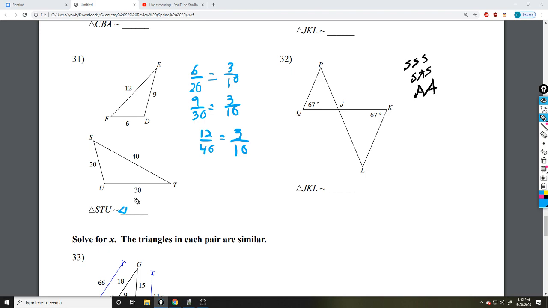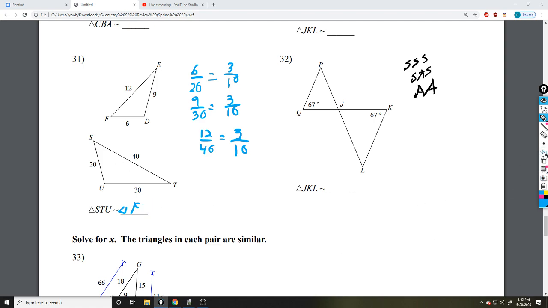Triangle. Let's see. S to T. We want that to match up with the short side here, which is F to D. F, D, and E. Oh, no. Sorry.